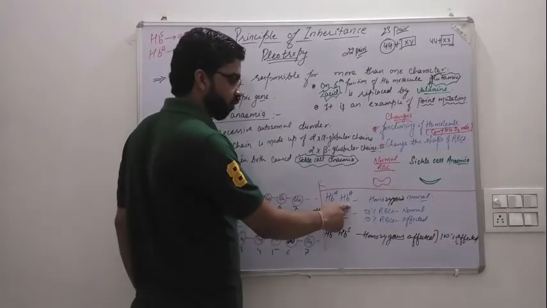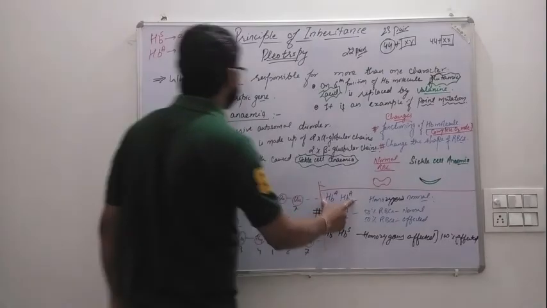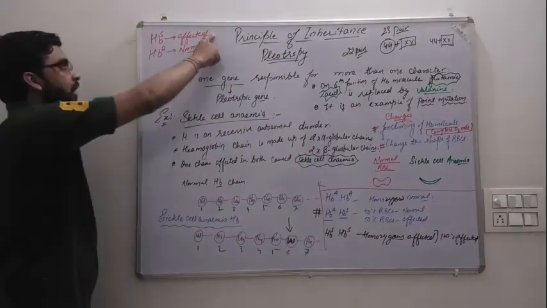These two are hemoglobin molecules. HbA is the normal condition, as we discussed earlier.